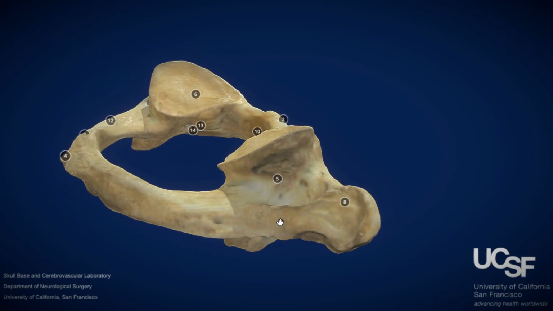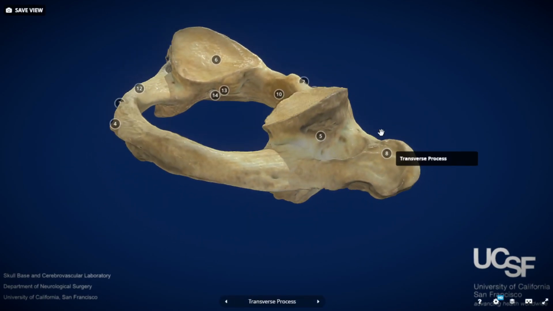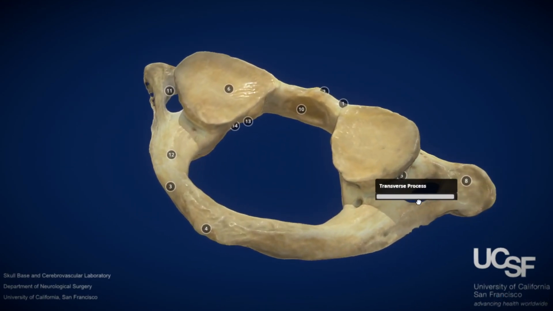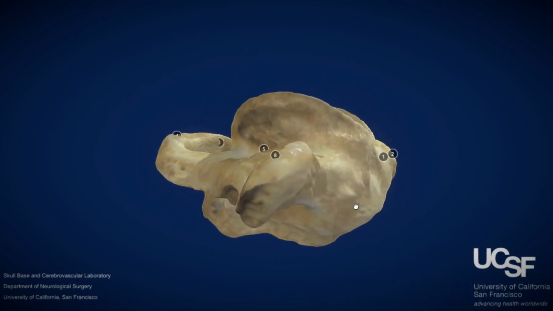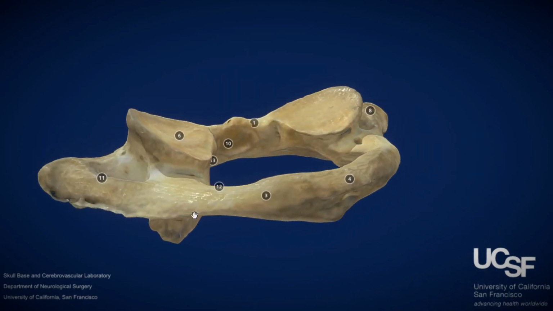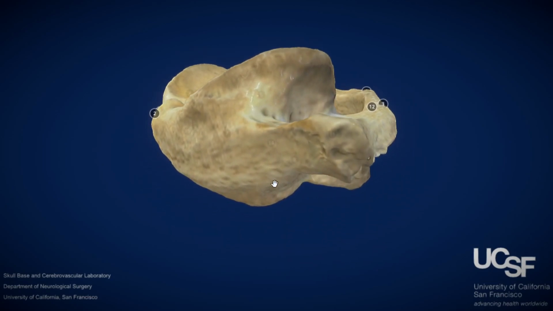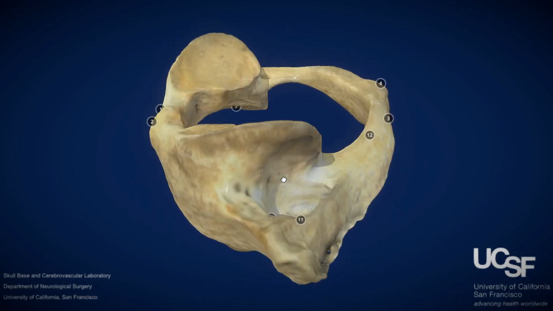Something particular about the transverse process of C1 is that it only has one tubercle, whereas the other cervical vertebrae have an anterior and posterior tubercle.